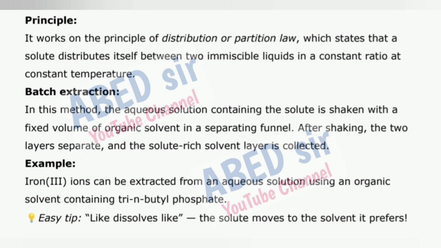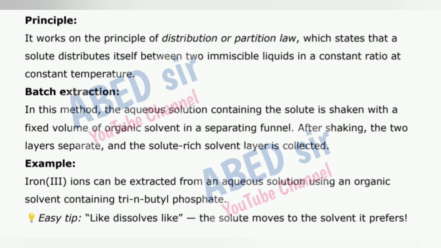Principle: it works on the principle of distribution or partition law, which states that a solute distributes itself between two immiscible liquids in a constant ratio at constant temperature. Batch extraction: in this method, the aqueous solution containing the solute is shaken with a fixed volume of organic solvent in a separating funnel.